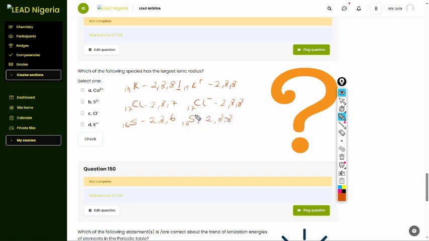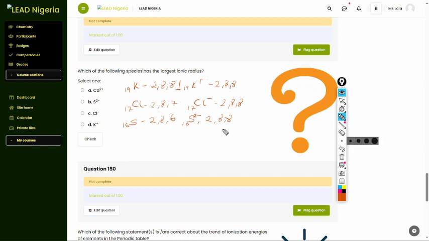Now this one gained 2 electrons, so gaining 2 extra electrons would further repel the rest of these electrons. Now for chlorine, it gained only the 1 electron. Although the configurations are the same, because sulfur gained 2 electrons, it will have much more repulsion than the actual neutral atom. So the size of the sulfur ion would be greater than the actual neutral atom of sulfur. So the answer would be B.